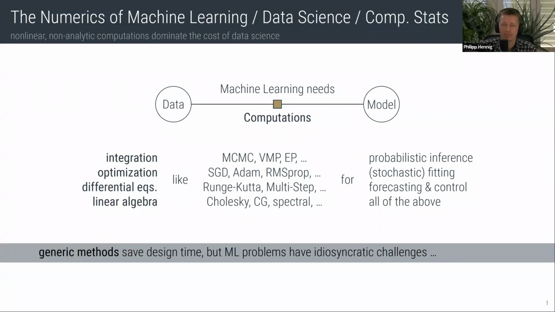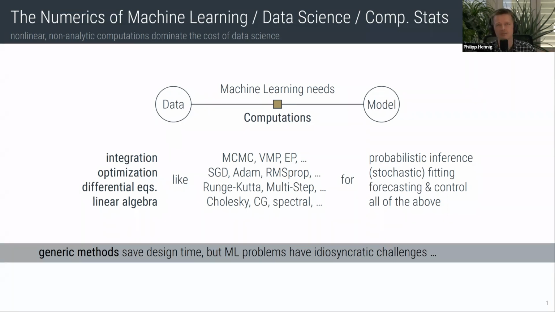But what actually happens in the computer is, of course, a computation. And in contrast to classic rule-based AI, which typically did tractable, discrete computations, contemporary machine learning is characterized by numerical computations. And by numerical, I mean the computation of quantities that don't have closed form expressions, so that can only be approximated in finite time.